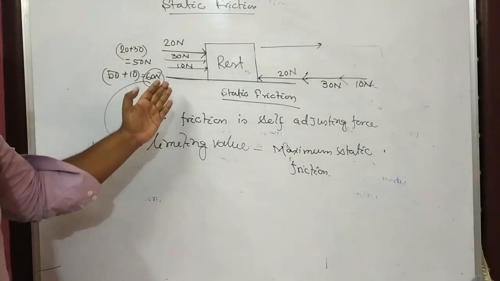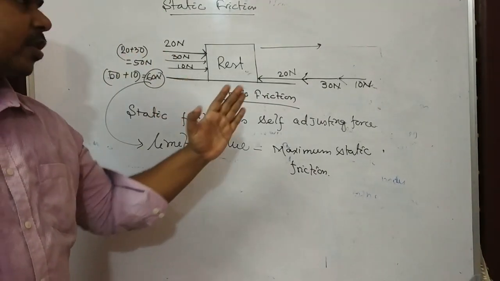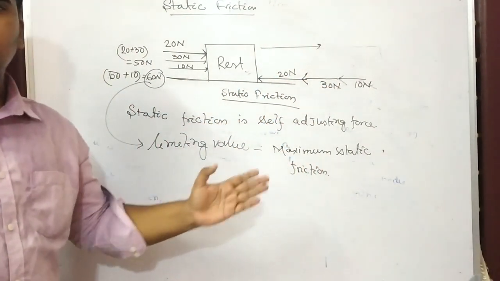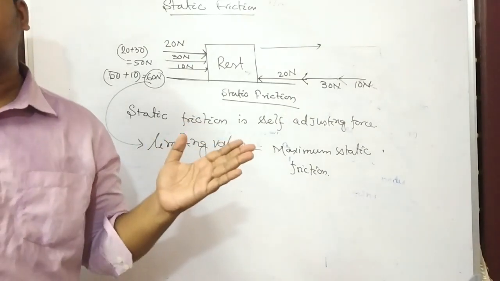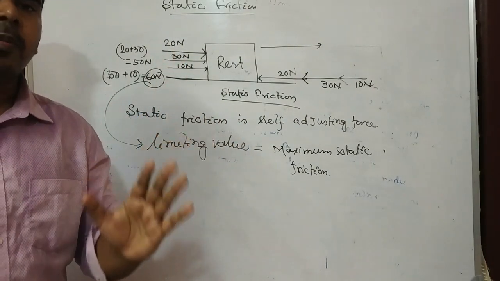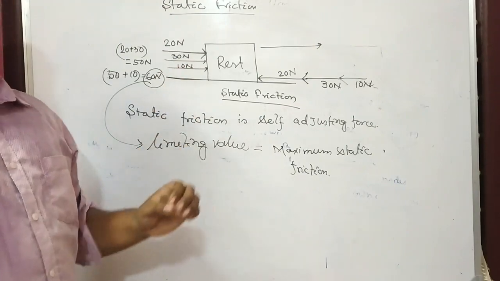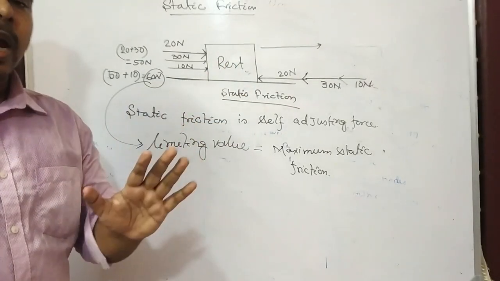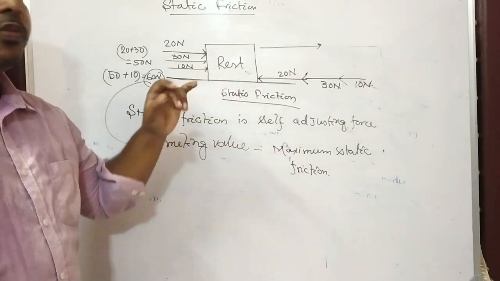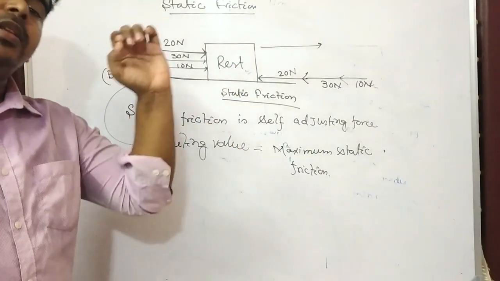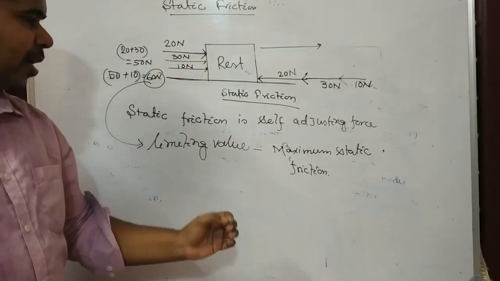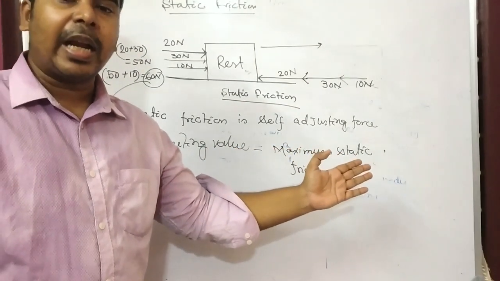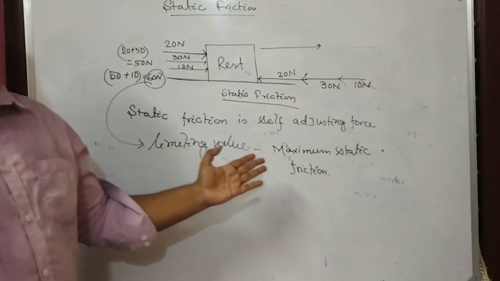If you increase the applied force, the static friction also automatically increases to keep the body at rest. But after a certain value, static friction cannot prevent the body from moving, and that limiting point is known as maximum static friction or limiting value.